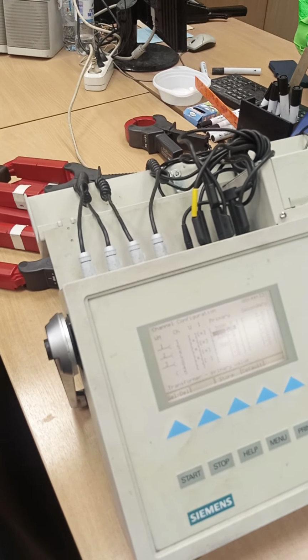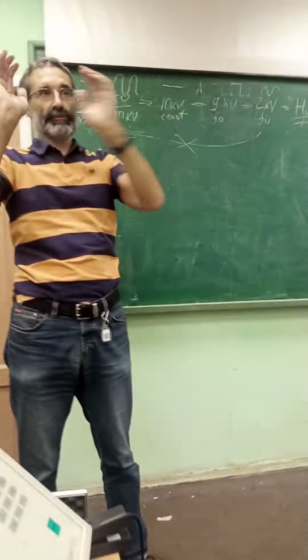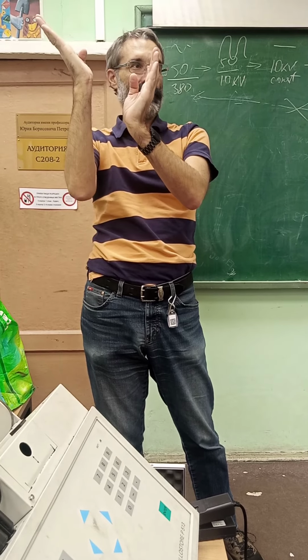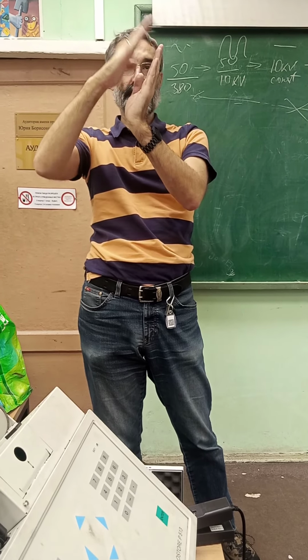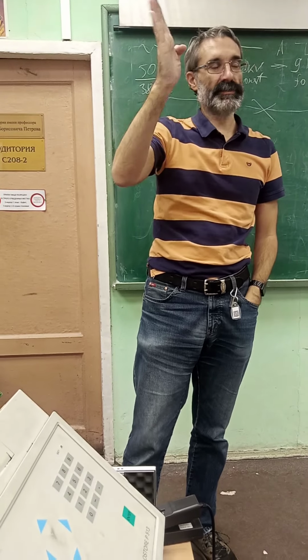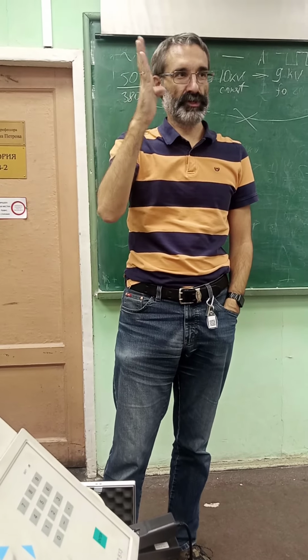So if we have 10 kilovolts, this measuring transformer gives 100 volts. And of course, we have a voltmeter, which measures from 0 to 100 volts, but its scale is graded from 0 up to 10 kilovolts. So it measures 100 volts, but it shows us up to 10 kilovolts, and we have a real value at its display.